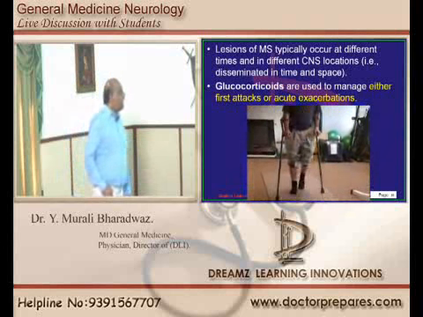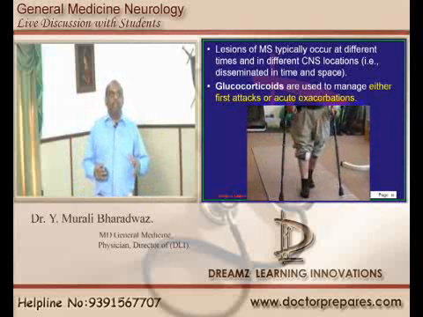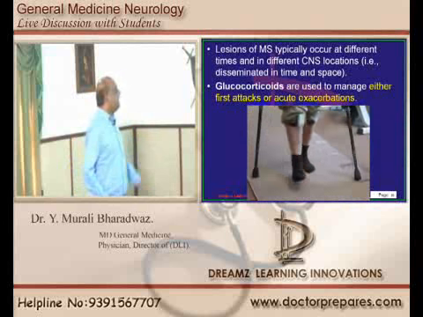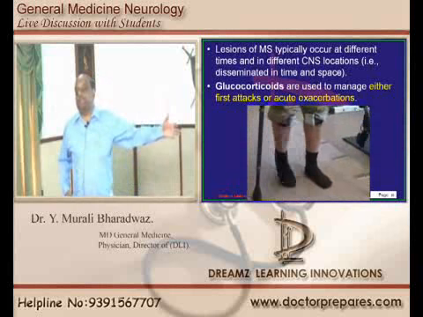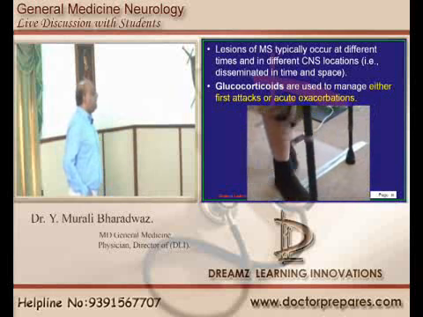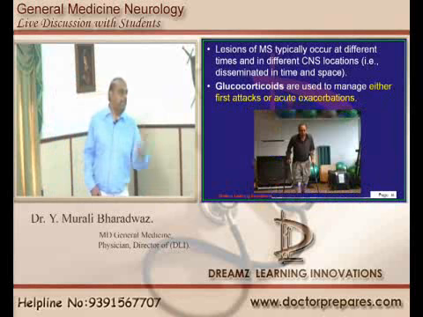But why is it called multiple sclerosis? Because the clinical features and the evolution of the disease are typically disseminated in time and space, is what you have to fundamentally understand. And we basically use glucocorticoids because for anything in medicine there is only one final drug, that is steroids.